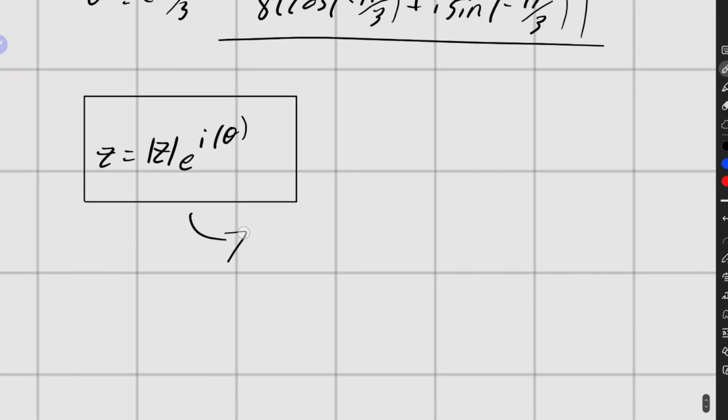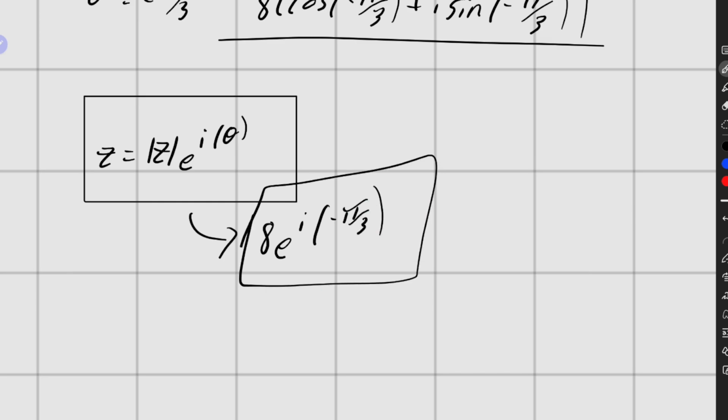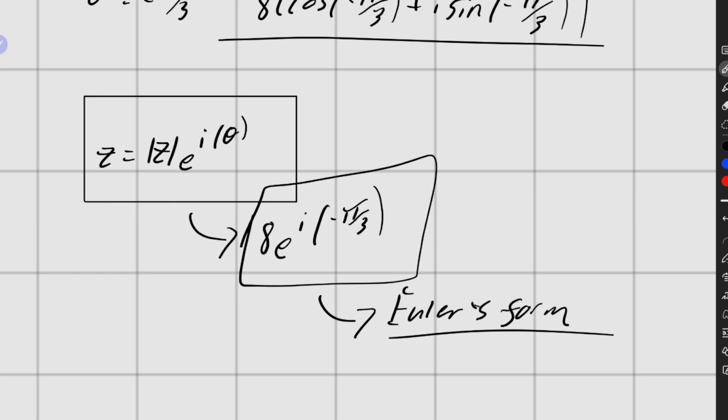Especially if you're doing complex numbers in uni, especially during exams, you need to remember this. So modulus of z we already know is 8, and what was theta? Minus pi on 3. This is Euler's form for writing complex numbers.